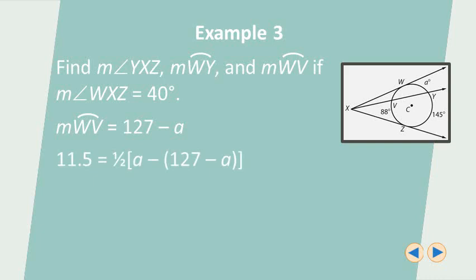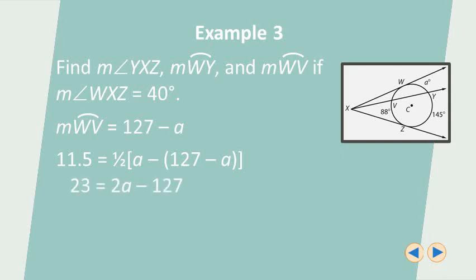Now 11.5 is 1/2 of the difference of A minus 127 minus A. So now again, they're giving us the angle measure and telling us to find the arc measure. We know that WY has to be A. We know that WV has to be 127 minus A.